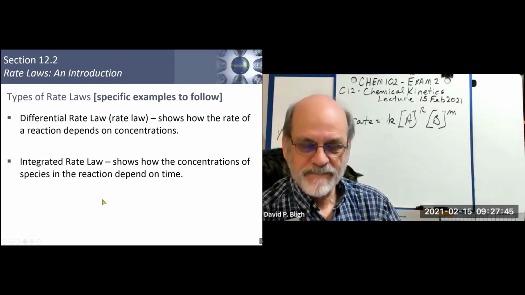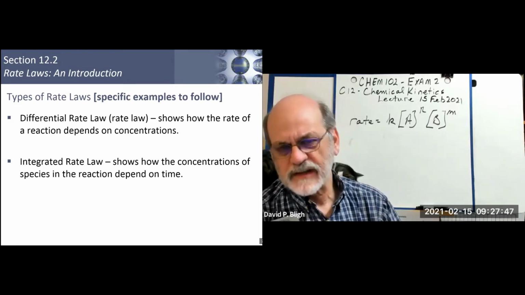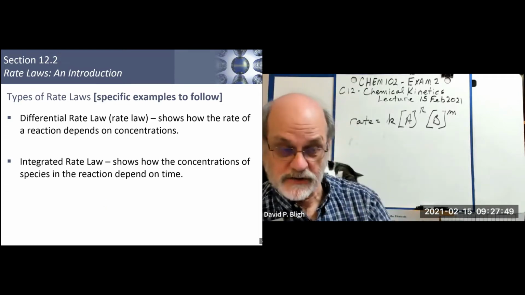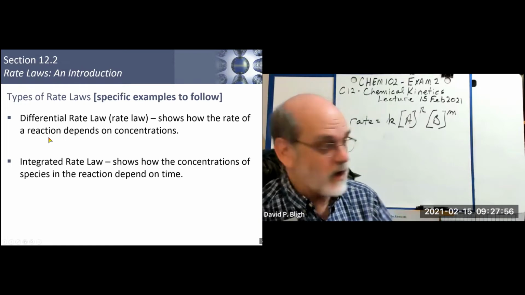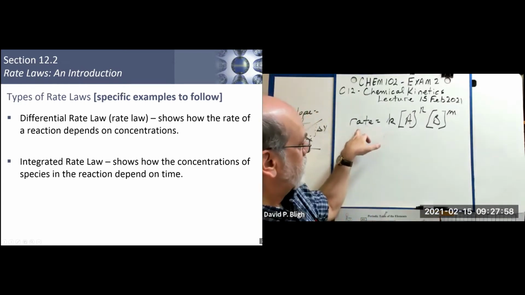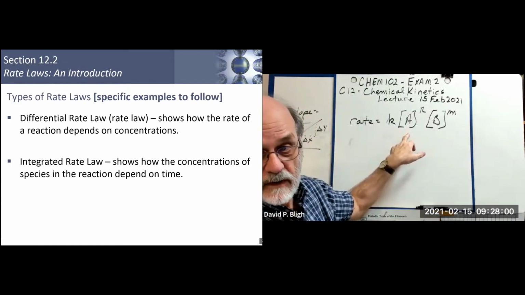Okay, so there are basically 2 types of rate law expressions. The differential rate law shows how the rate of the reaction depends on the concentration. Right here, rate depends on concentration.